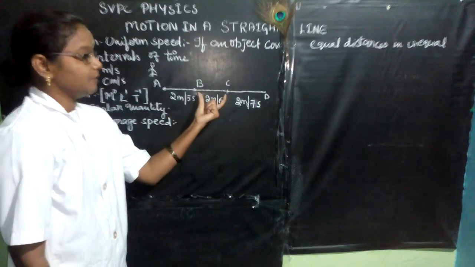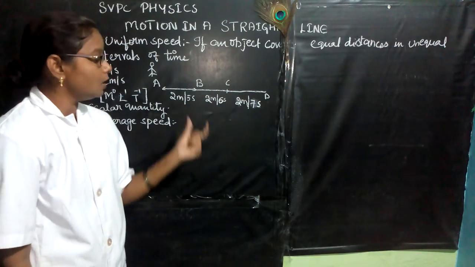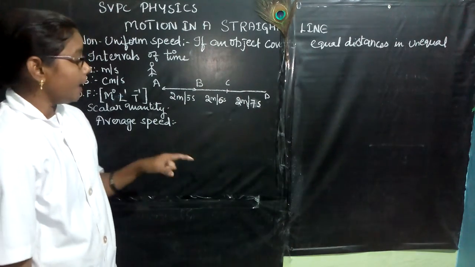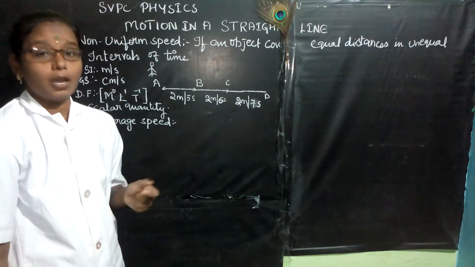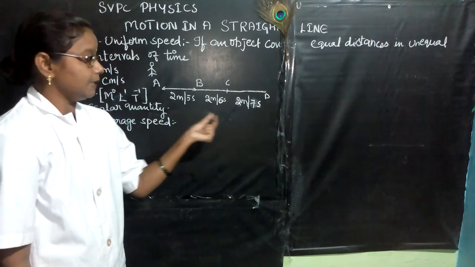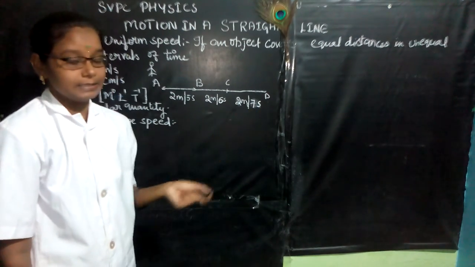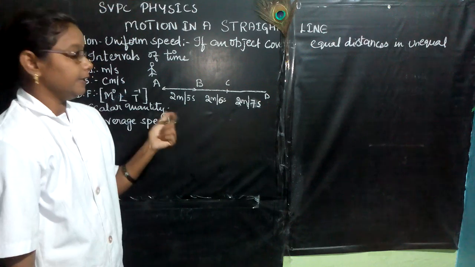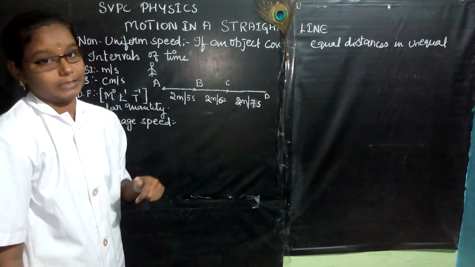AB plus BC plus CD. I have to count the total distance: 2 meters, 2 meters, 2 meters. And for total time I have to take 5 seconds plus 6 seconds plus 7 seconds. It becomes 6 divided by 18, and 6 divided by 18 means 1 by 3 meter per second.